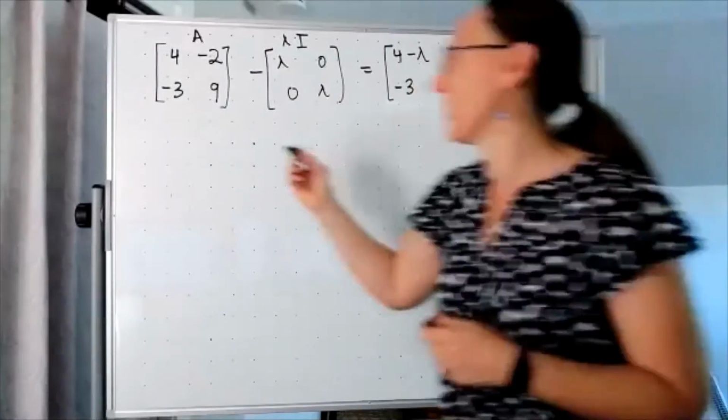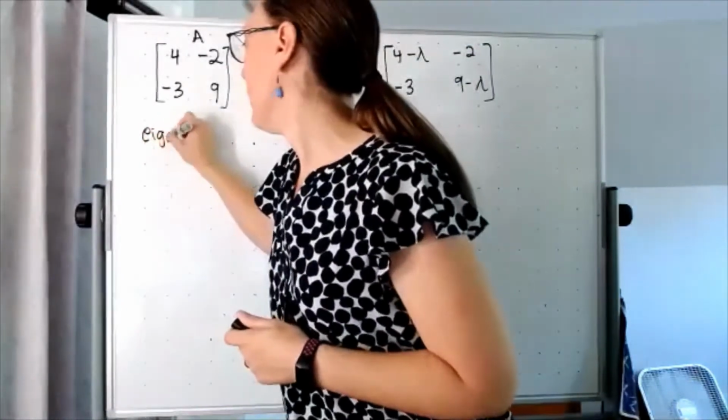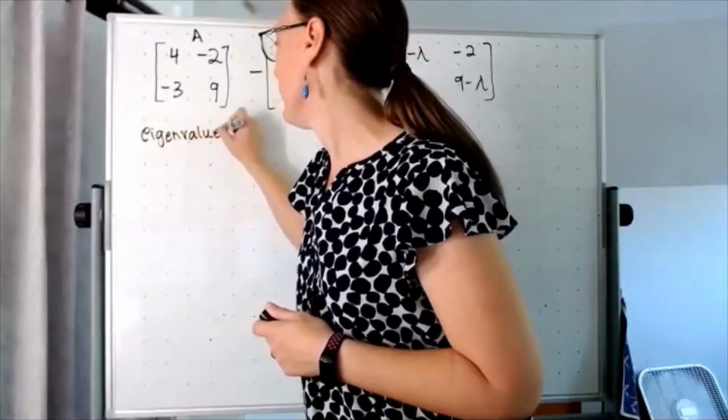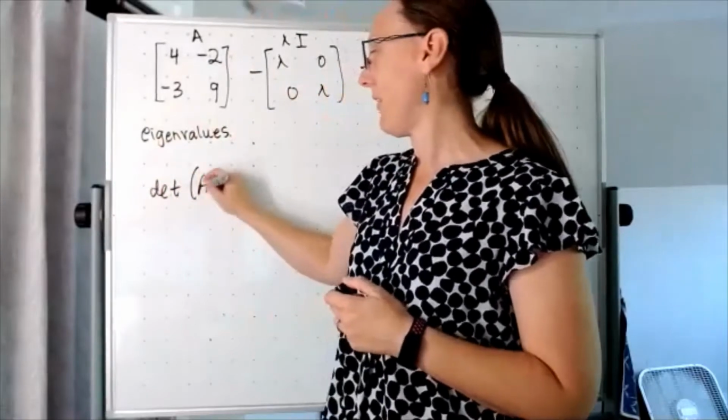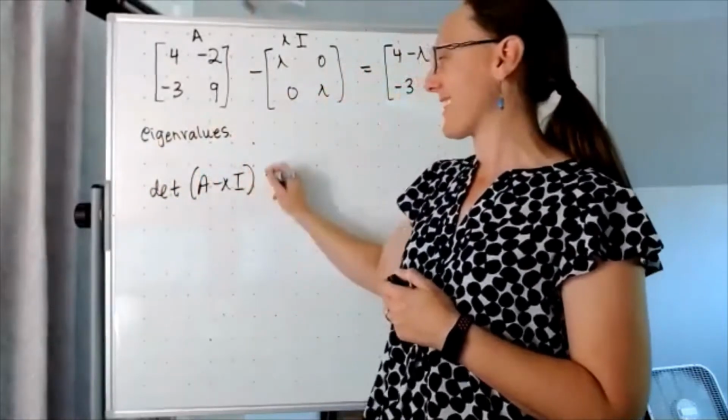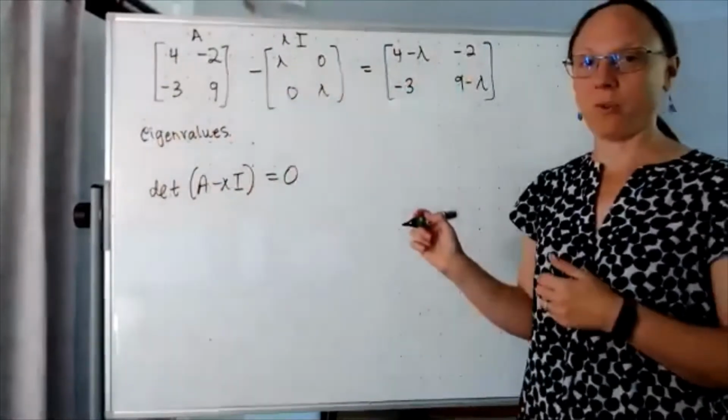To find the eigenvalues, we need to set the determinant of that A minus lambda I matrix equal to 0.